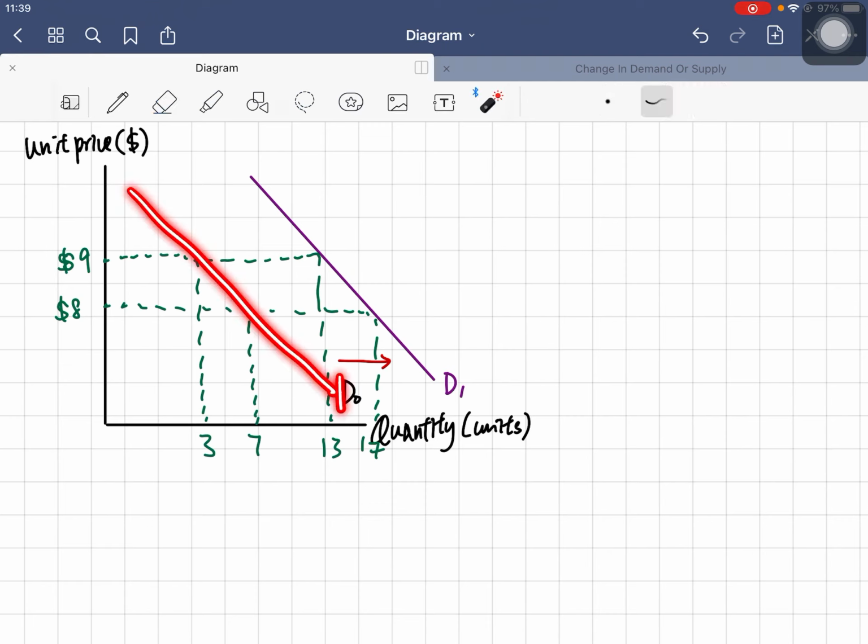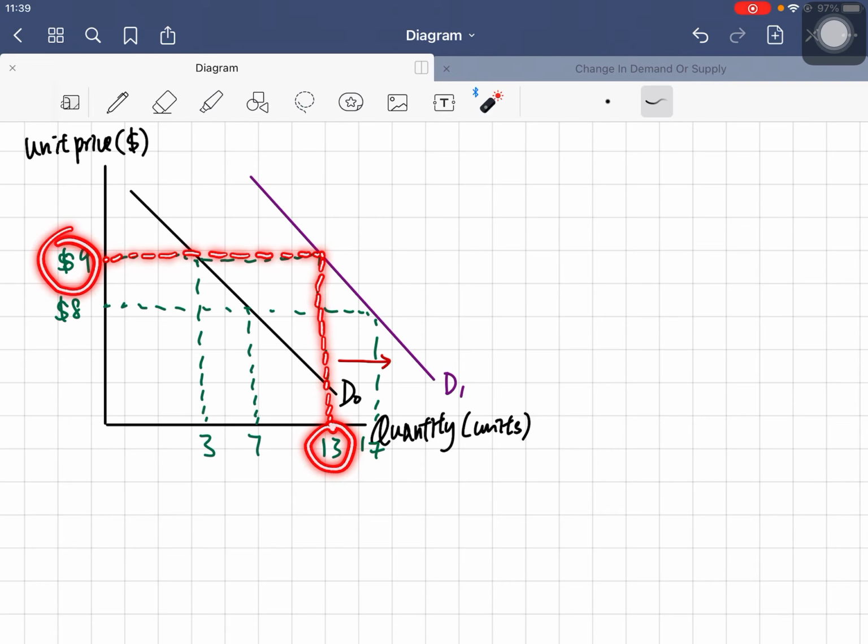This is the original demand curve for apples. When the price is 9, originally quantity demanded is 3 units of apples. Now, because of this reason, consumers are going to consume 13 units of apples when the price is 9. It's the same when the unit price is 8.